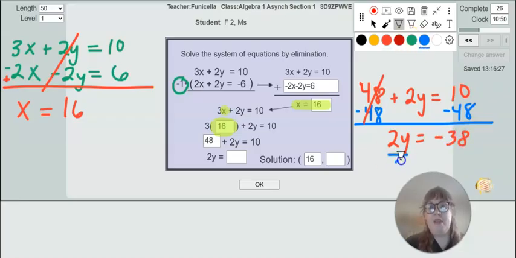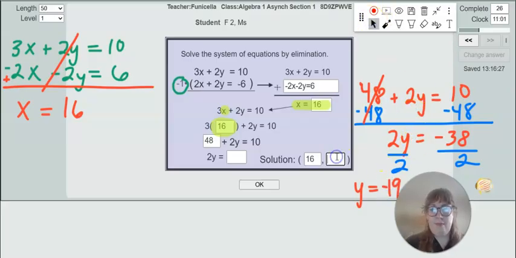And then my last step is to divide both sides by 2, and we get y equals a negative 19. Beautiful. So, sorry, 2y equals negative 38, and then y equals that negative 19.